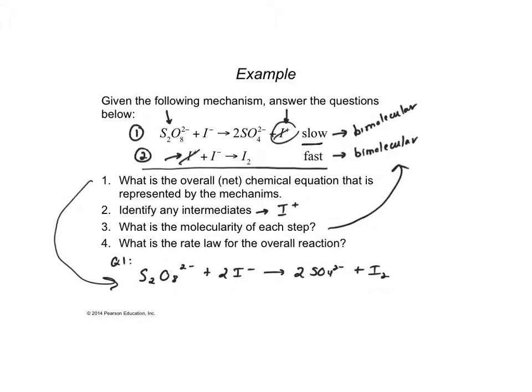Can I propose a rate law for this step just by looking at it? Yes, right? So what is it? Rate is equal to k, and then what? S2O8 2-, first order, and then what else? I minus also first order.